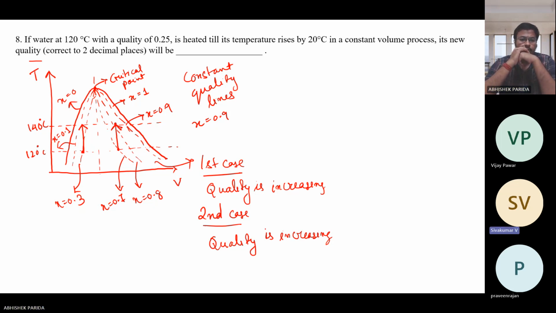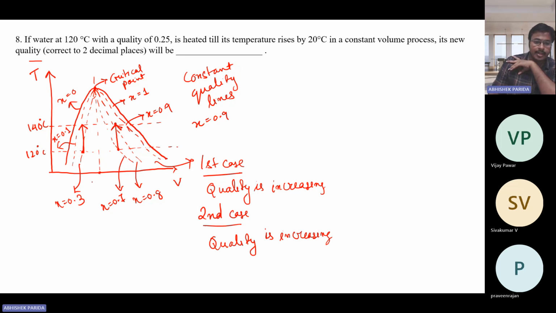Nearby the saturated liquid line, right? Not nearby, don't tell how much near. When someone asks, you just see the curve, just analyze the curve. Left hand side of the critical point. Correct. So that is perfect.